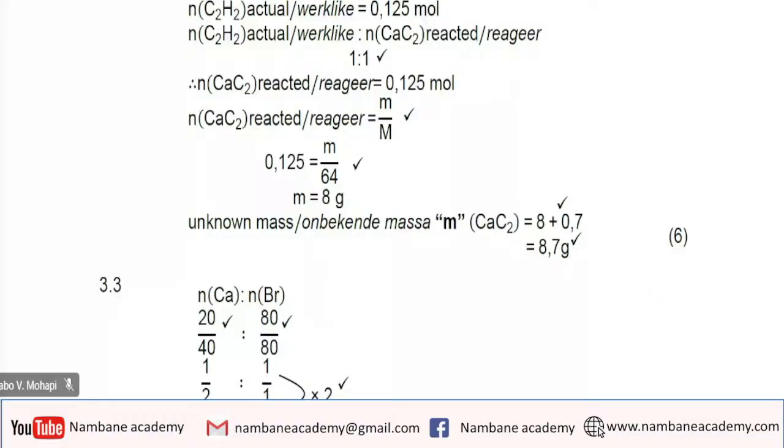Colleagues, kindly guide any further. I think they will just get 3 marks for n equals m over M. Can you just slow it down a little bit? They will get that 1 mark for calculating the mass of CaC2, that formula.